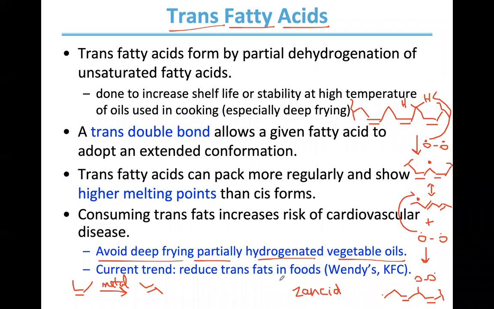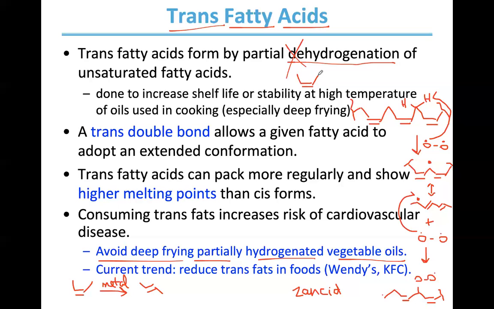Hold on a second. I wonder if this is the correct term here. This should be partial hydrogenation. So what we're trying to do, we're trying to reduce the number of double bonds, right? So we're hydrogenating them. But aren't we removing a hydrogen initially?